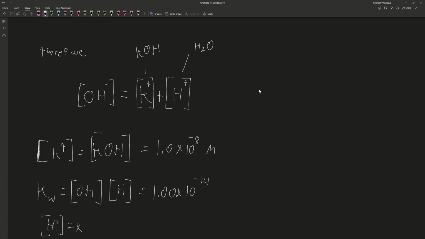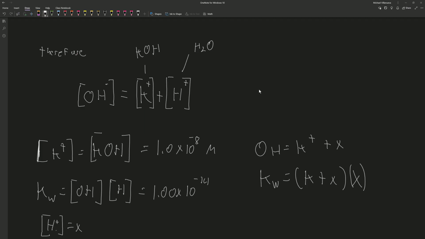So if we do this, we could rewrite our equations as [OH] equals K plus x. We could say that Kw equals (K plus x) times x, because [OH] is K plus x and [H] is x.